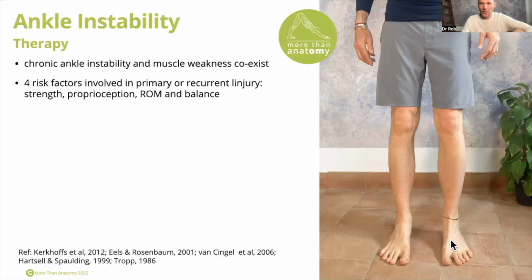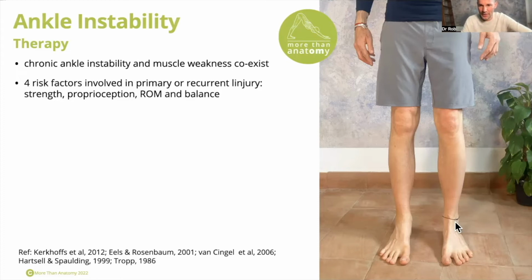The benefit when we're working with an individual is they've got 2 feet and 2 ankles, so we can often compare sides. Ideally, if they've not had an injury on this side, for example, but they have on this side, we compare what they can do on the healthy functioning side and see what they're doing on the symptomatic side.